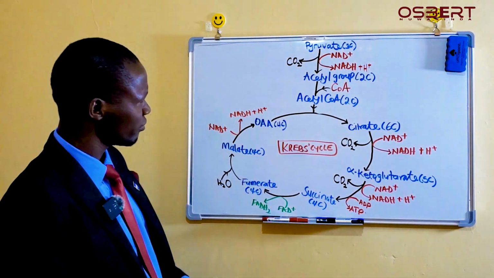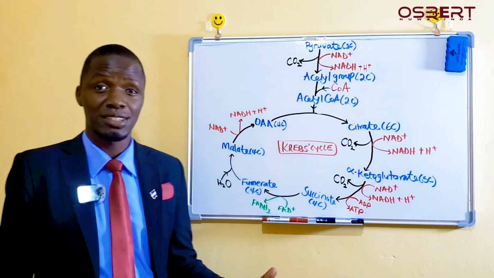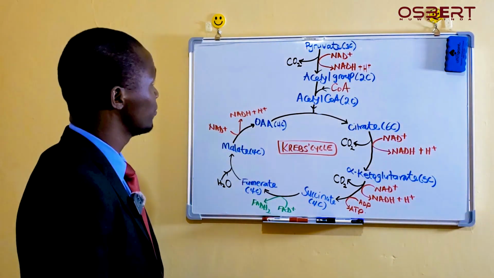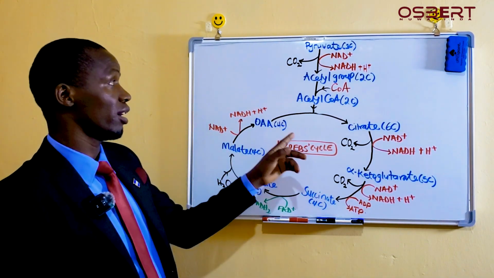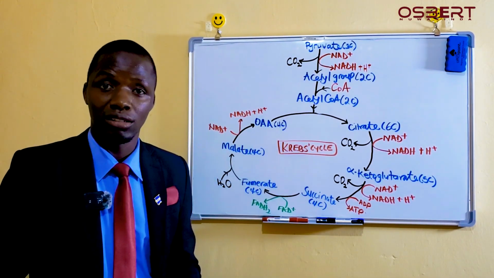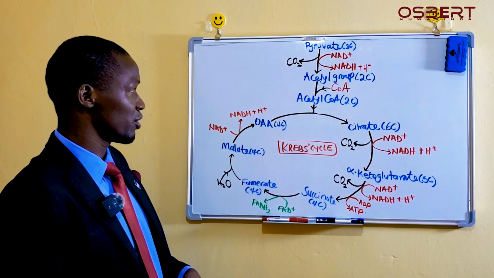Now, even if this were to come in an exam, answering it is very simple. For example, this is part of the Krebs cycle, with its connection to the link reaction. So here is our Krebs cycle.